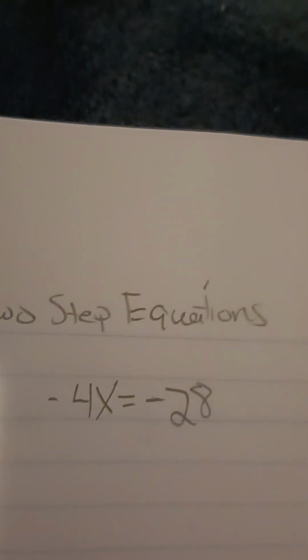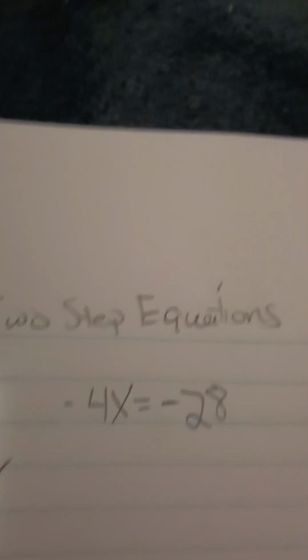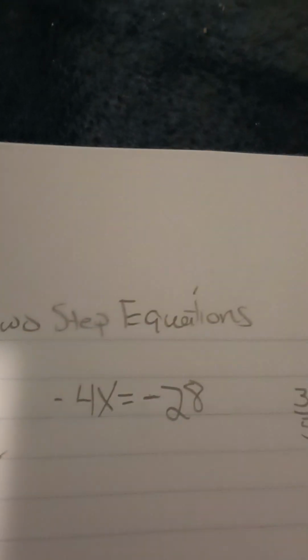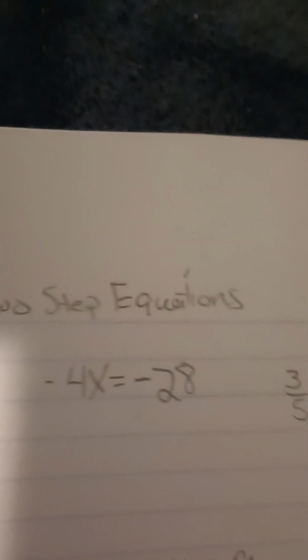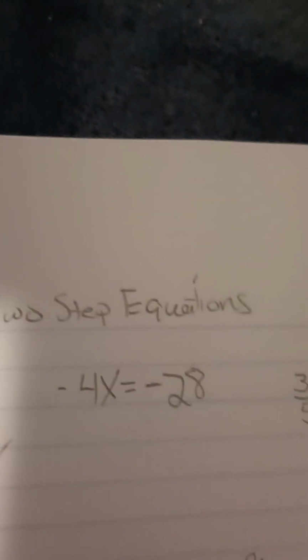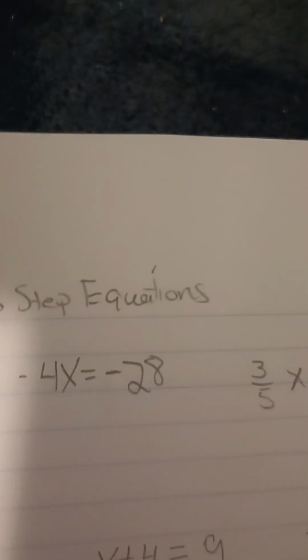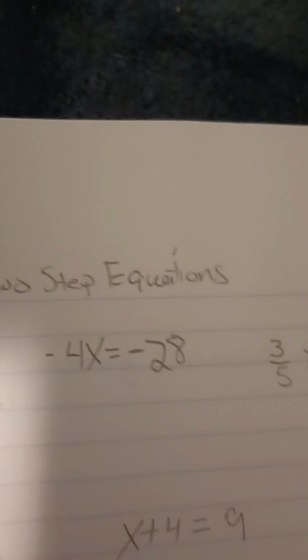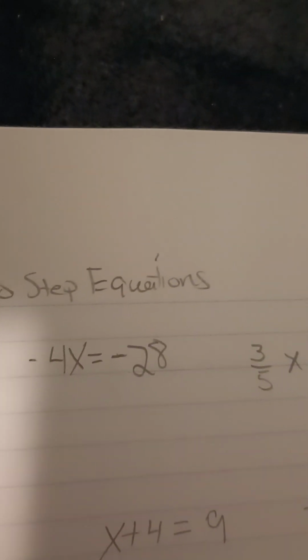Now we have another example. Negative 4x equals negative 28. Again, negative 4 is the coefficient of the variable, so we need to get rid of that because we want the x by itself. We need to isolate it. If I divide the left-hand side by negative 4, I need to do the same thing to the right side.